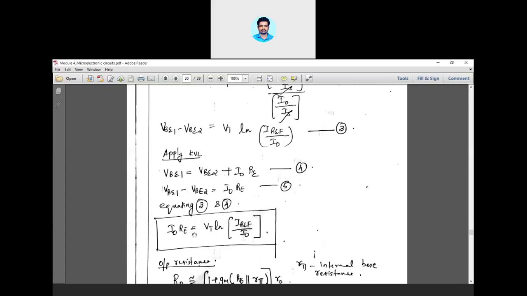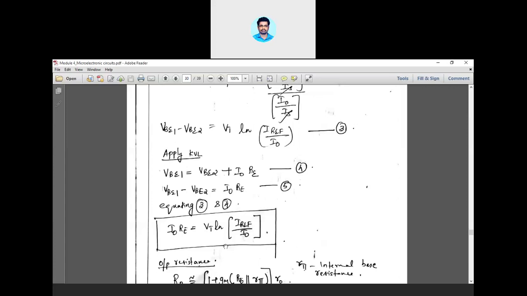So if you observe this equation, you know the value of IRF, and I0 is actually to be designed. Okay, for a suitable value of I0 only you are fitting RE. Understood? So RE is to be designed for a required value of I0 and for a given value of IRF. So IRF will be given, I0 is a desired value.